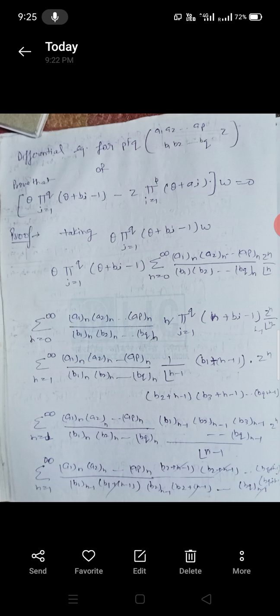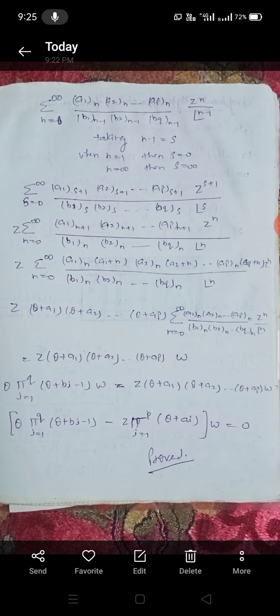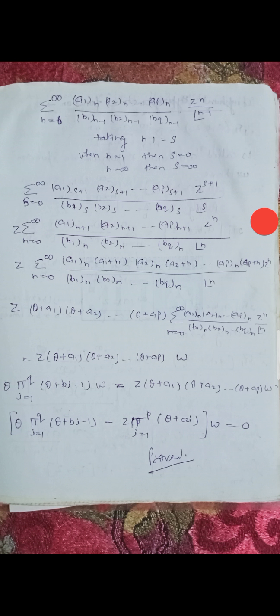Σ(n=1 to ∞) (a1)n (a2)n ... (ap)n (b2 + n − 1) and so on (bq + n − 1) whole upon (b1)n−1, (b1 + n − 1) plus (b2)n−1 (b2 + n − 1) and so on. Now this is Σ(n=1 to ∞) (a1)n (a2)n and so on (ap)n / ((b1)n−1 (b2)n−1 ... (bq)n−1) z^n / (n−1)!.